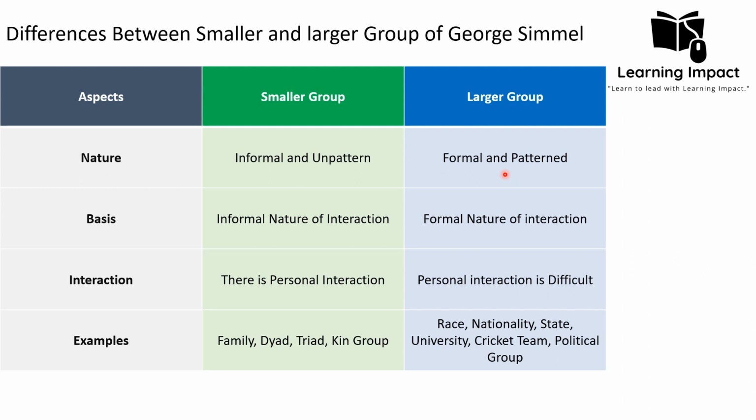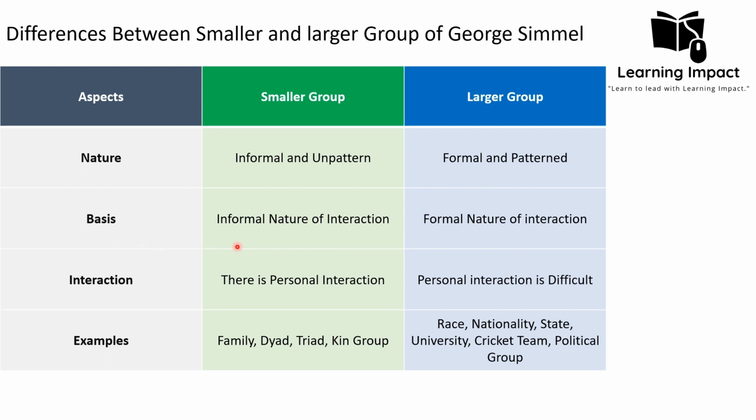Also, they have to interact in a formal way because there is a more impersonal relation. Also, for example, in a university, you have to interact with your friends in a formal and patterned way as compared to how you interact with your family. So that's why the larger group by nature is formal and patterned.